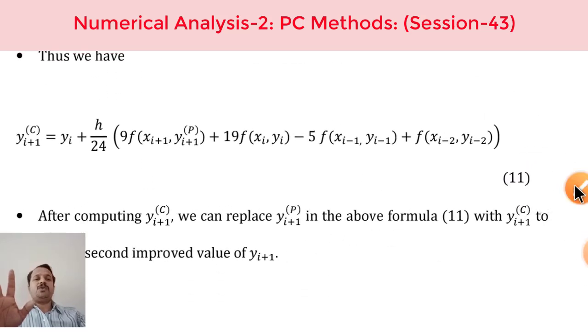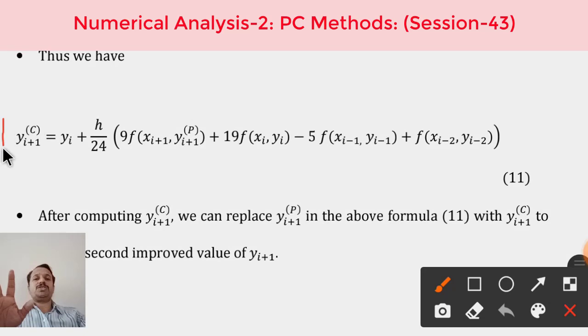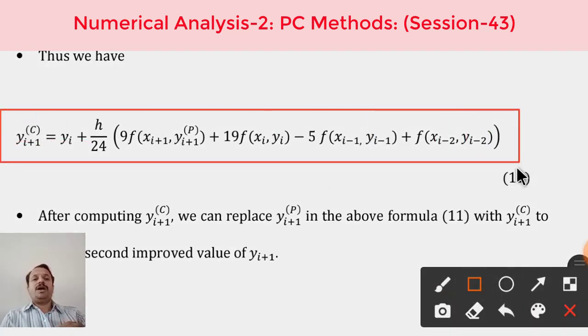I have simply used the notation y_{i+1}^c. I have used the symbol c because it is correcting the value. So let us use the superscript c for denoting the corrected value. This is the first corrected value I am getting from this particular formula.